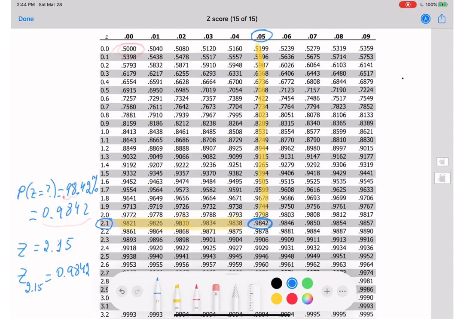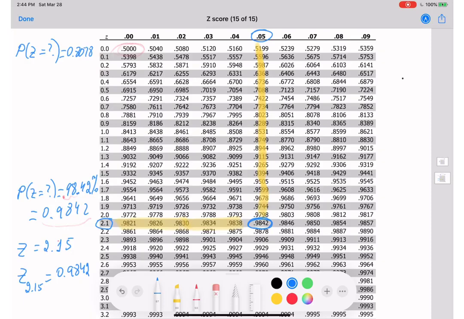Let me take another example. Let's say we need to find probability for z-score for, let me see, 0.8078.